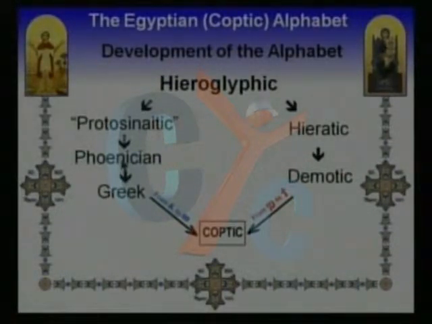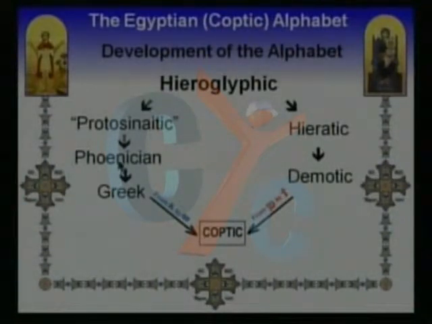For example, the first letter, which is alpha, which is aleph in Phoenician, which means the face of the bull. This was taken into the Greek, and they changed the name into alpha. So aleph in Phoenician became alpha in the Greek.